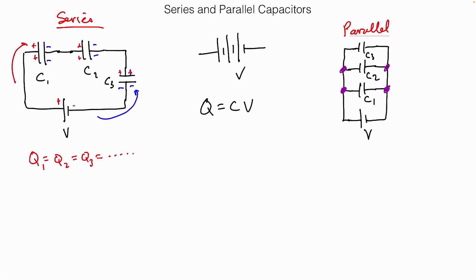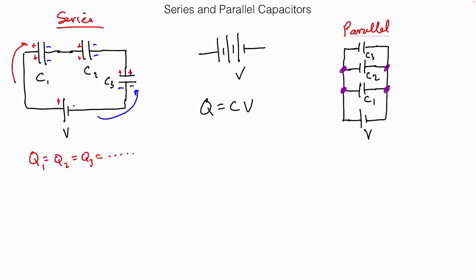All right. The thing that's different, the thing that has to be true: this battery has a certain amount of electric potential or voltage in it. Let's say 3 volts. That voltage, that energy is going to get split up and shared between the capacitors.